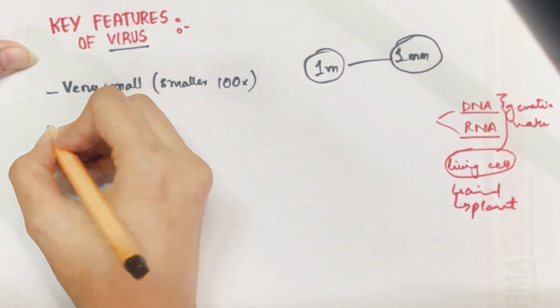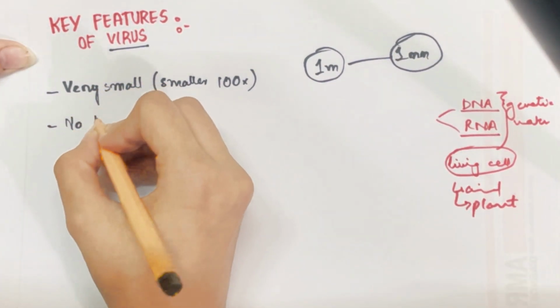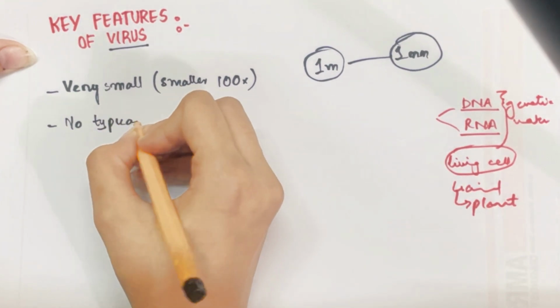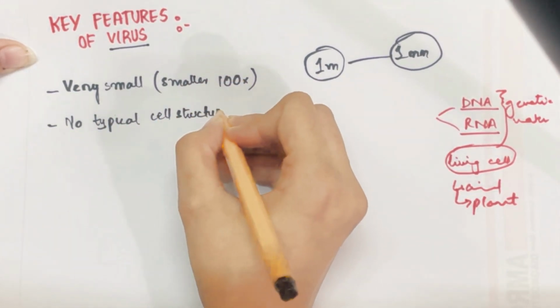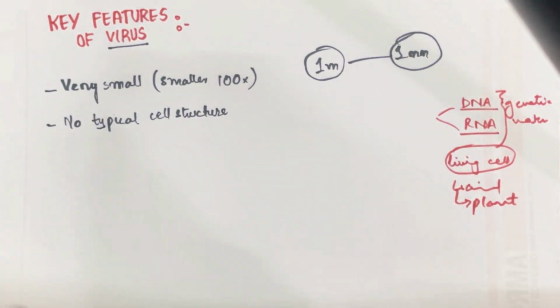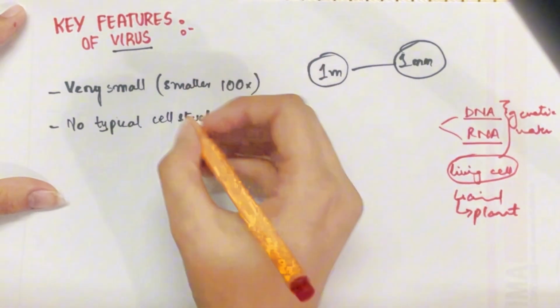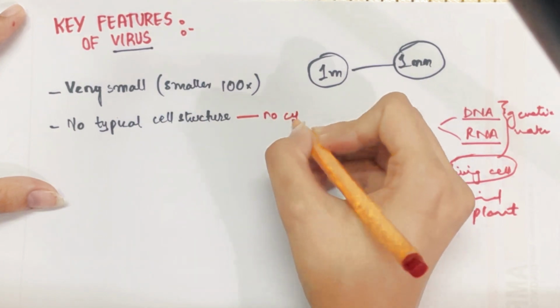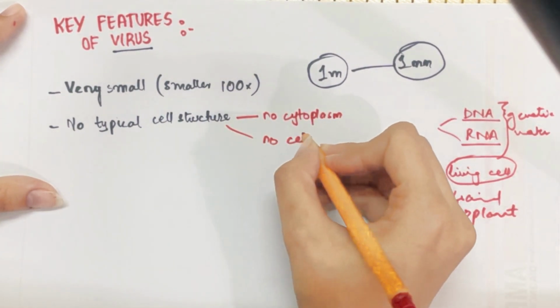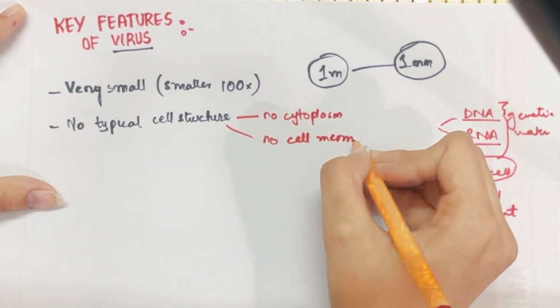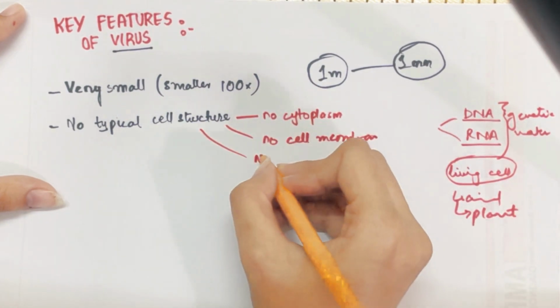Now, the other characteristic is that it does not have any typical cell structure. What is meant by this is that it has no cytoplasm, it does not even have a cell membrane, and it has no organelles.